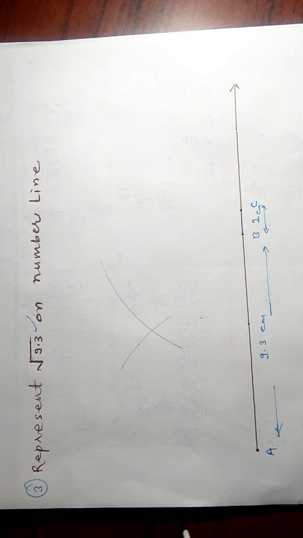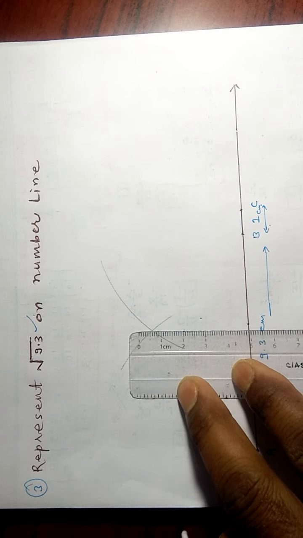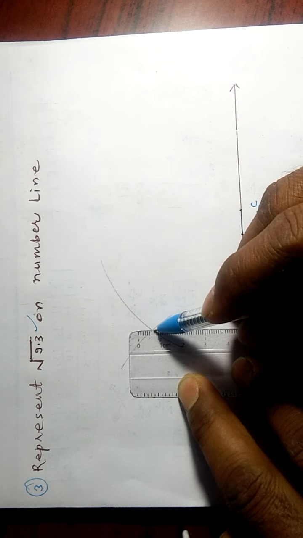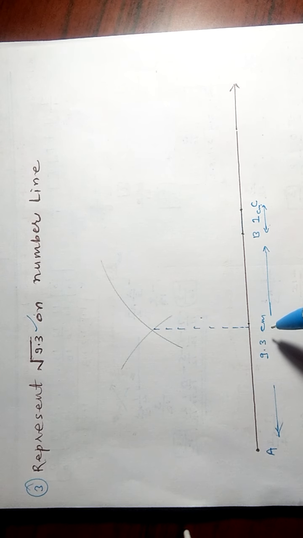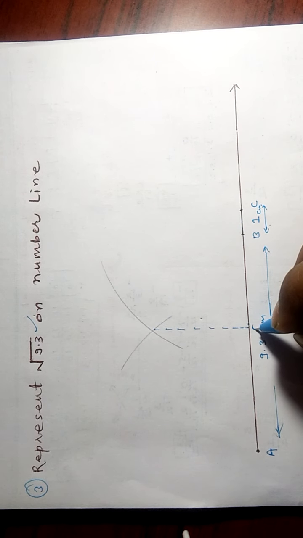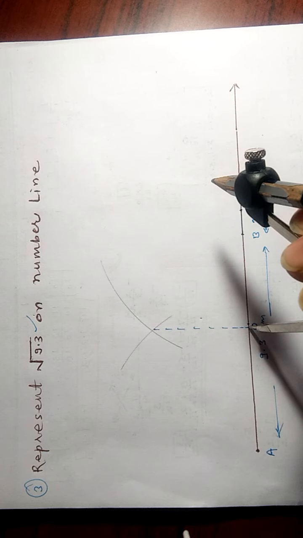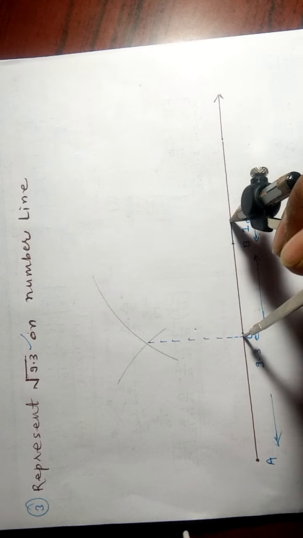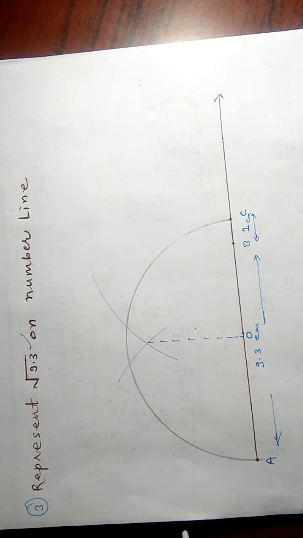Now this is the midpoint. Take it as O. Now taking O as a center and OC as a radius, draw a circle in this manner.